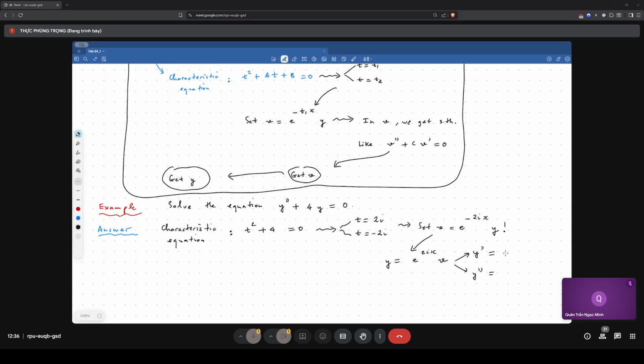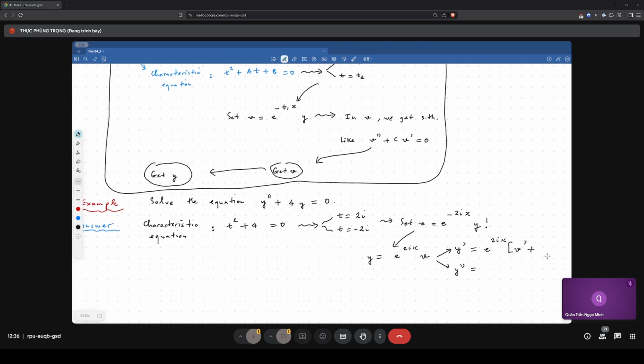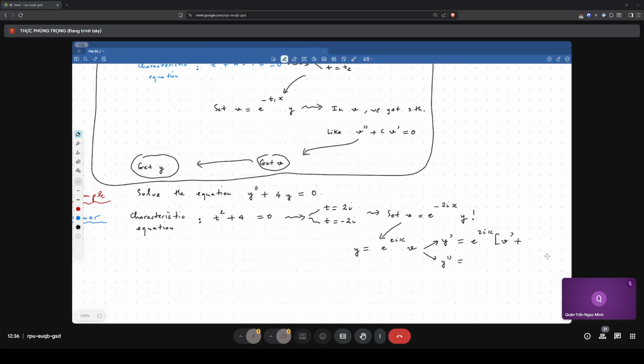So what you get right here is e to the power 2is times v prime plus 2i v. Now let's say you differentiate this one, you had this product. So first you differentiate v and you keep this one.